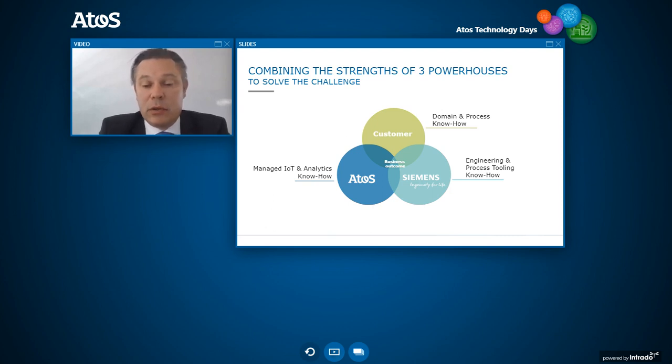And here we reached out to our good partner Siemens, to Patrick, to find the solution of the dual challenge. So really by combining the power of three powerhouses, we believe we were able to move forward and solve the challenge with Atos providing the IoT analytics know-how on top of the domain know-how provided by, on the one side, the customer and the other side, Siemens.